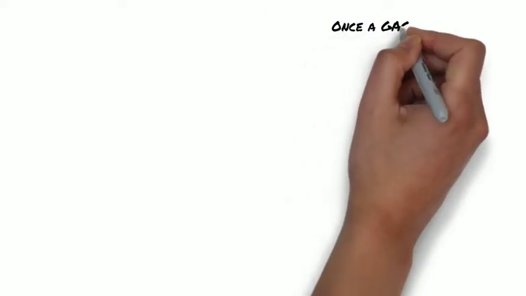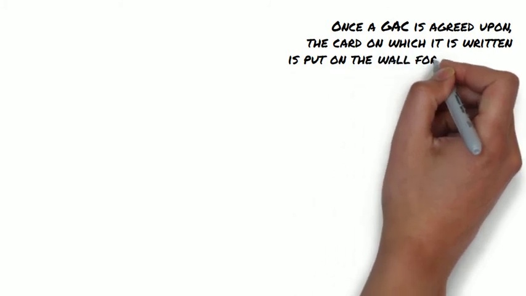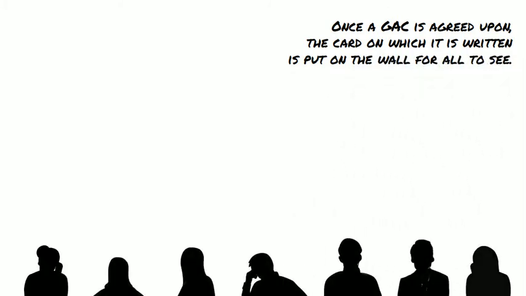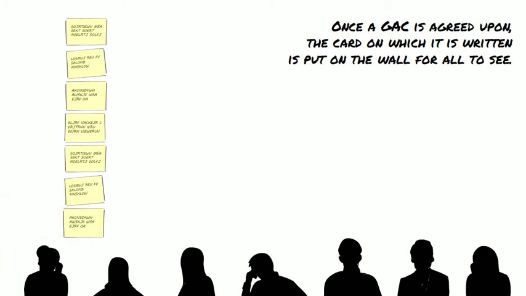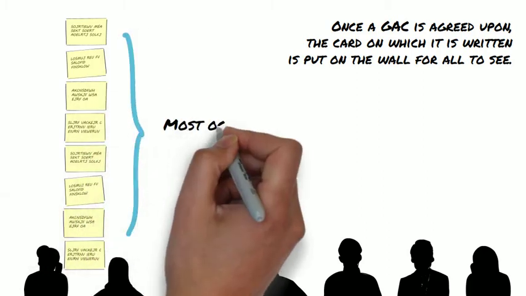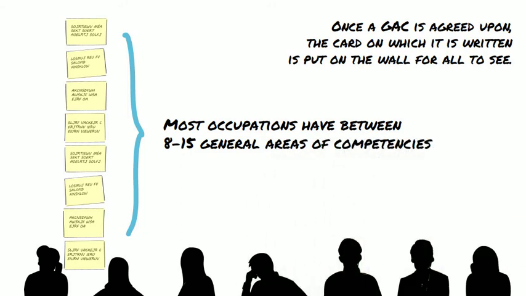Once a GAC is agreed upon, the card on which it is written is put on the wall for all to see. Most occupations have between 8 and 15 general areas of competencies.